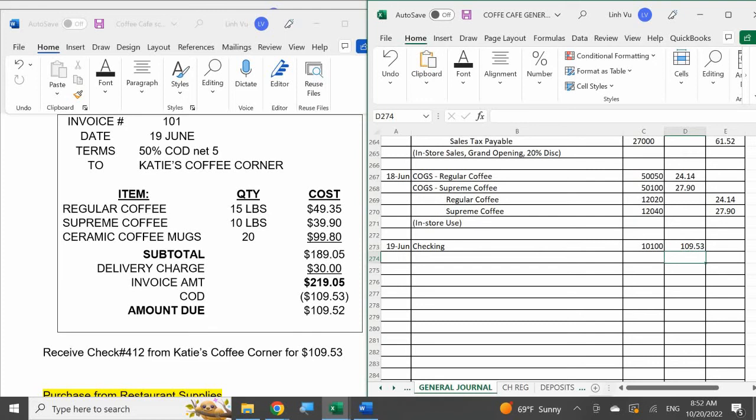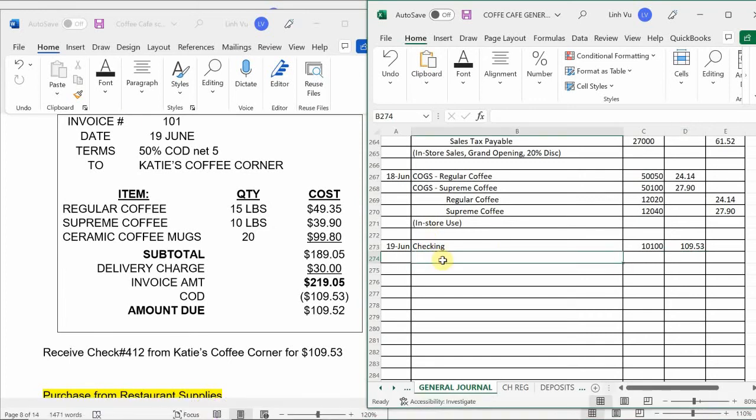Accounts payable? Not payable, because we are not owing Katie, right? Katie's not a vendor to us. What is Katie? Accounts receivable. Yes, we use accounts receivable to represent when a customer owes us money, right? So in this case, we have an account receivable.